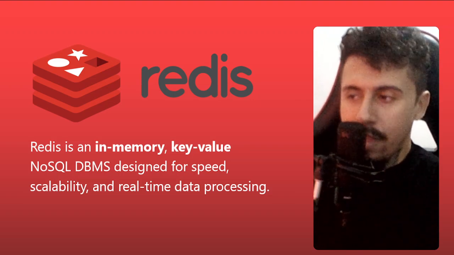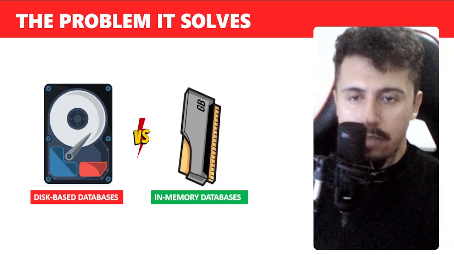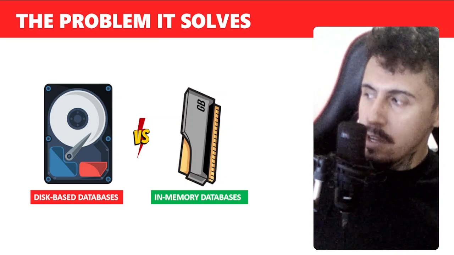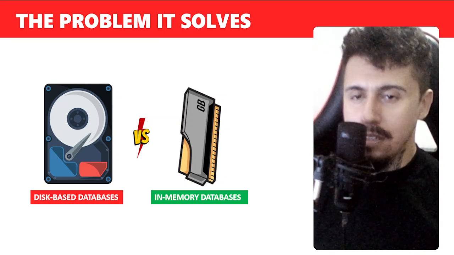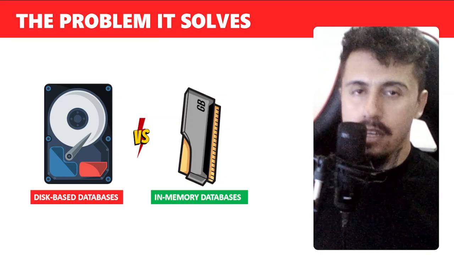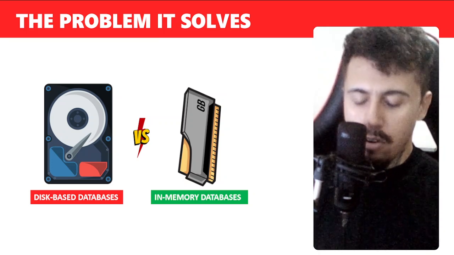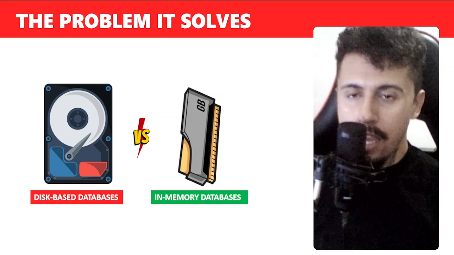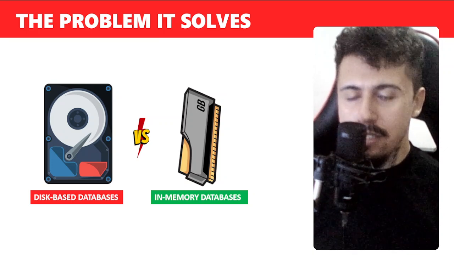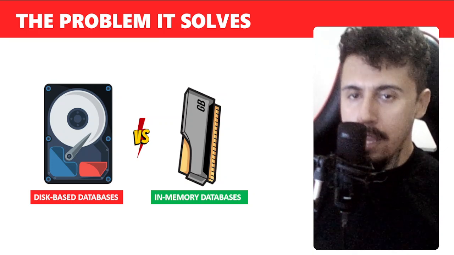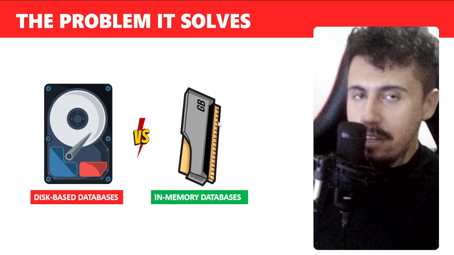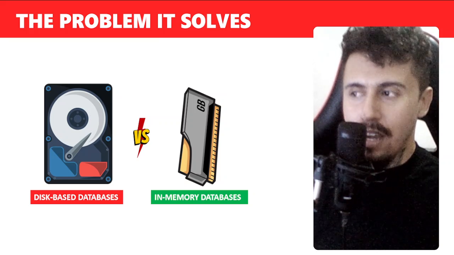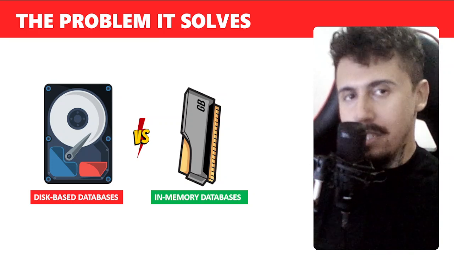I brought an example here, a graphic example, for you to understand it better. On one side we have the disk-based databases, which are the common databases: Oracle, Postgres, MySQL, even MongoDB, right? On the other side we have in-memory databases. In this case we're talking about Redis. These are literally the physical devices that store our data through our databases.